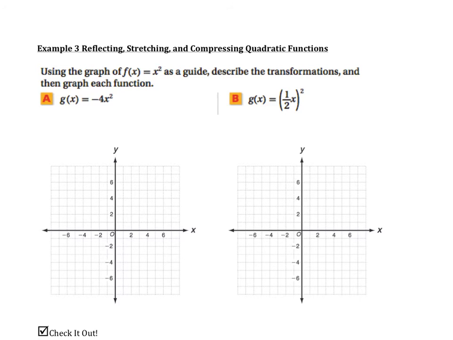So we're going to look at our function that has a negative outside. The parent function looks like this, and you should just memorize negative 1 is at 1, negative 2 is at 4, 0 at 0. There's our parent function.